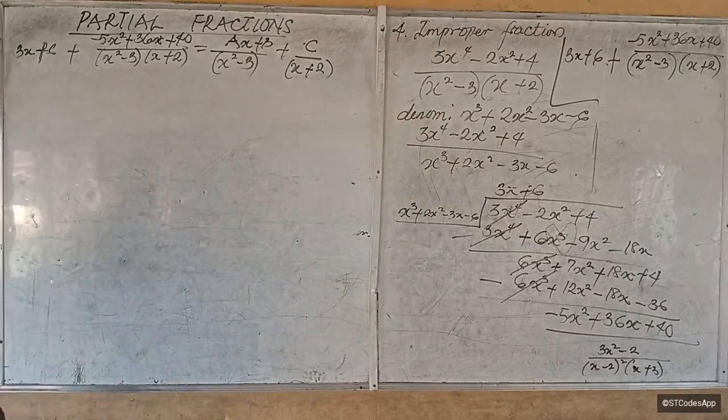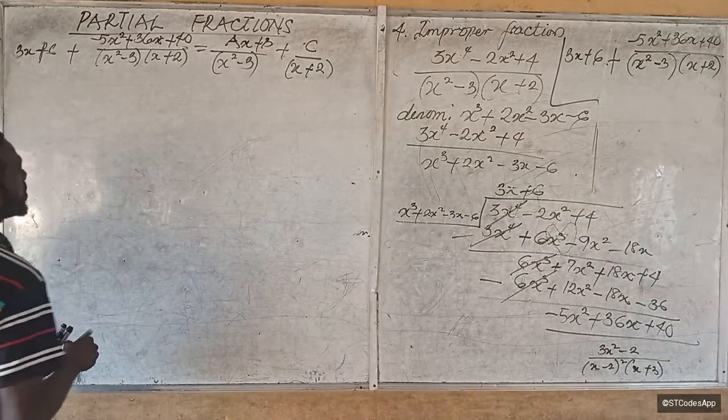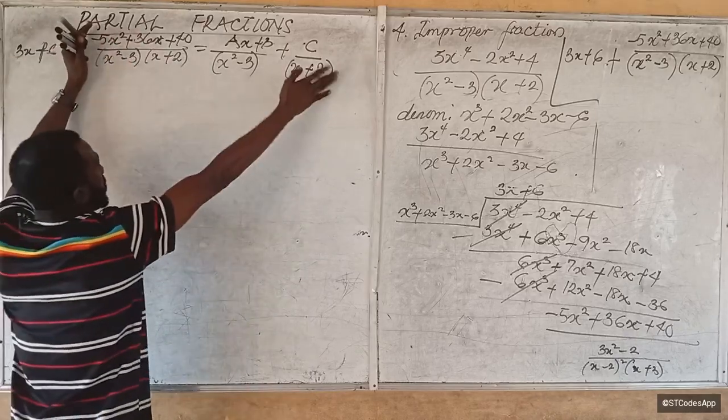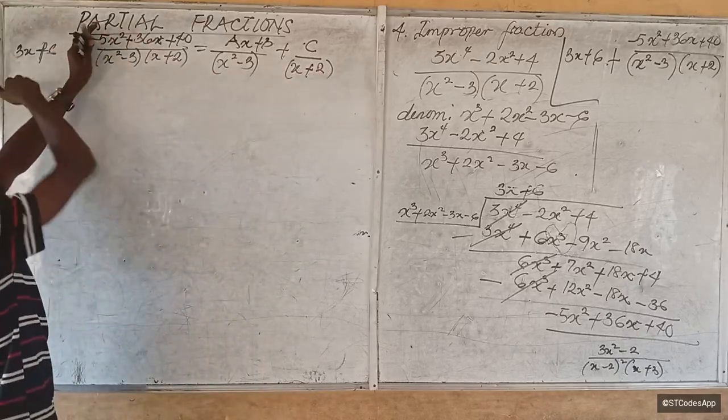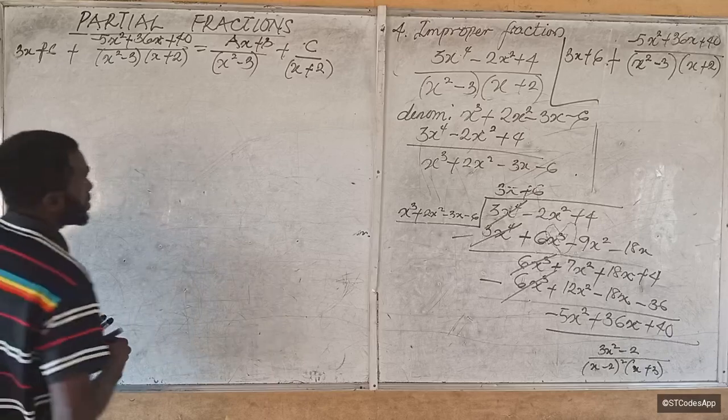Does that make sense? All right. Now watch me. So we are going to be resolving this alone, only this side now. So our equation looks like this plus this is the same as this plus this. Does that make sense? Okay.